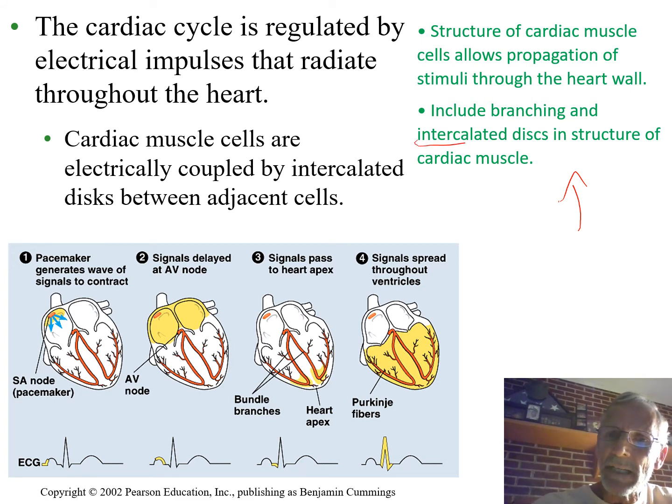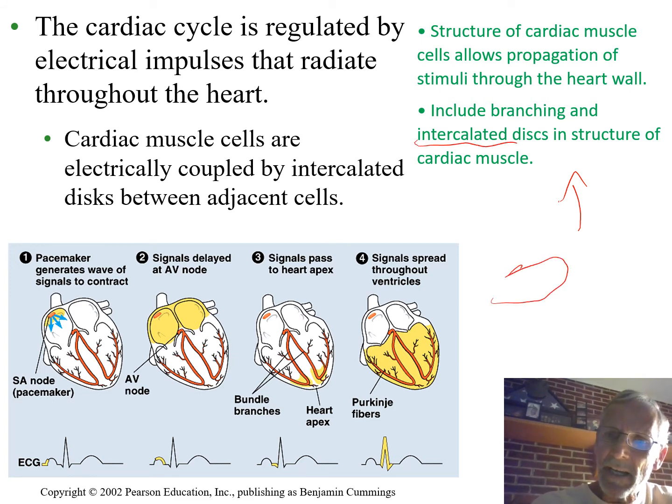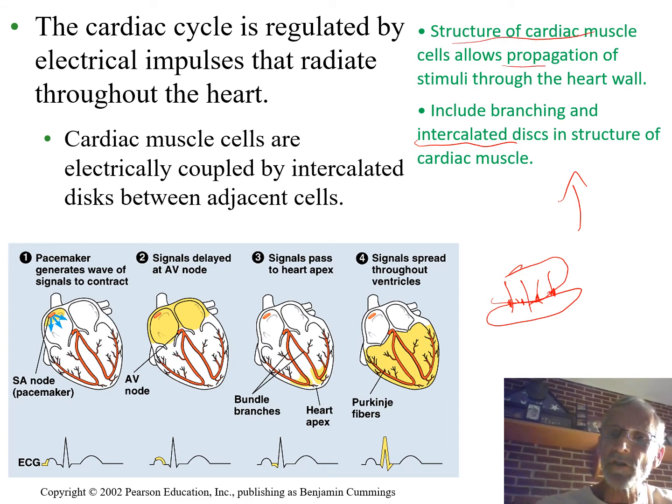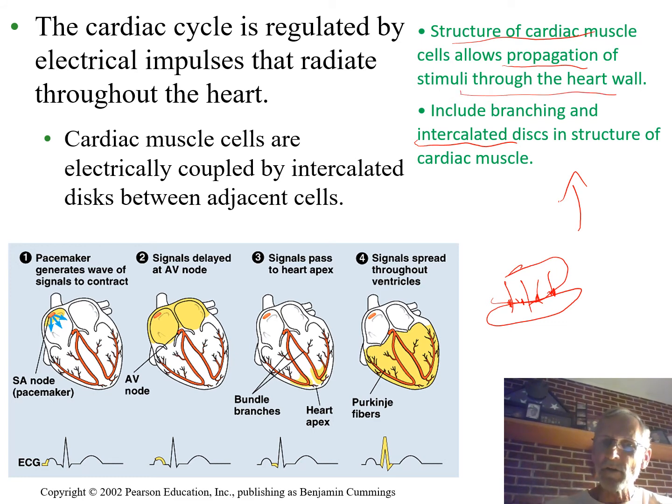One of them is that it's got a connection between the cells called intercalated discs, and it lets this electrochemical signal go through very quickly. So this would be a kind of cell-to-cell junction. And this structure allows the propagation of stimuli through the heart wall pretty quickly.